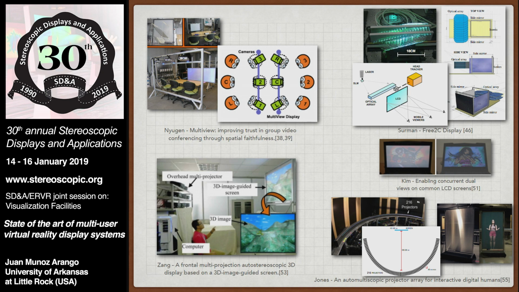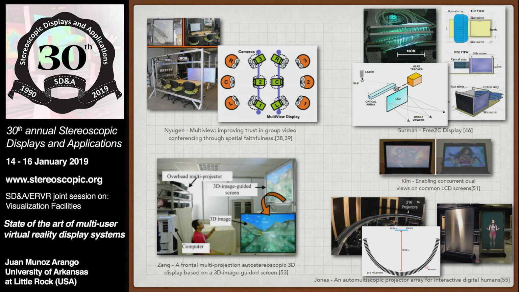The Free2C display here is a single-viewer autostereoscopic display with head tracker. The display readjusts the lenticular lenses with the head movement, and the range goes from 40 to 110 centimeters. Kim has an interesting approach, and he exploits the twisted nematic properties of LCD panels by controlling the contrast.